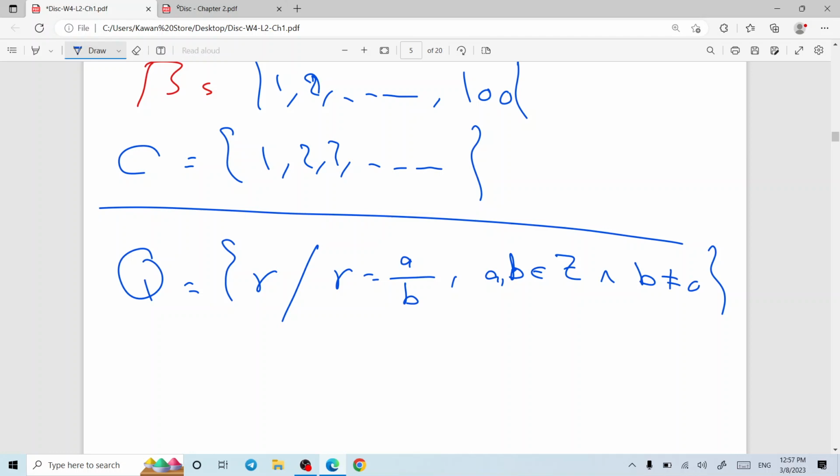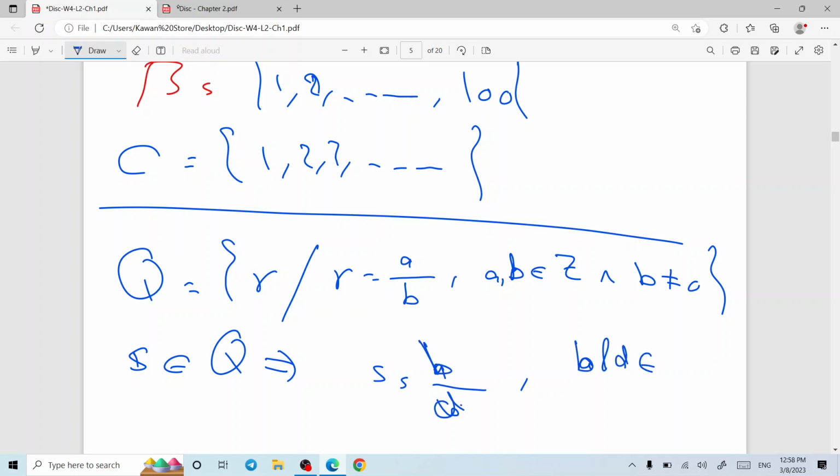So when I say, for example, S belongs to Q, in your mind, S is like a over b, any number c over d, e over f, such that the numerator and denominator belong to where? Z. And I'm 100% sure that the denominator is not equal to zero, right?